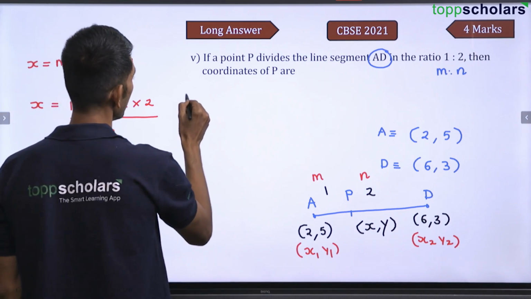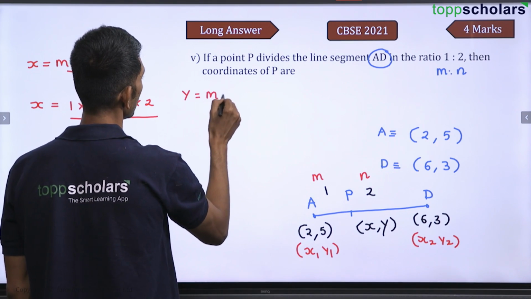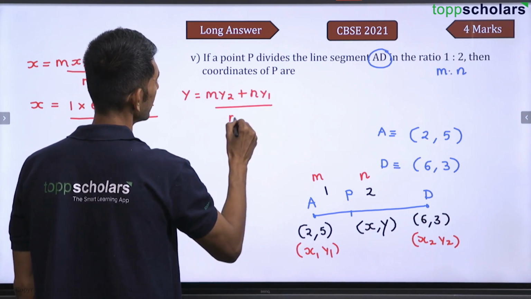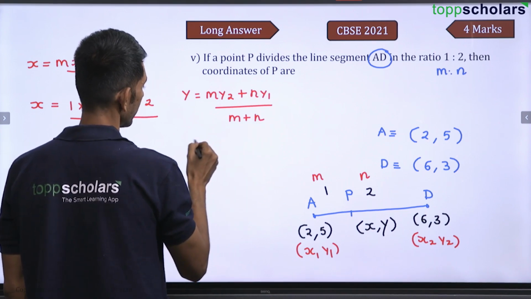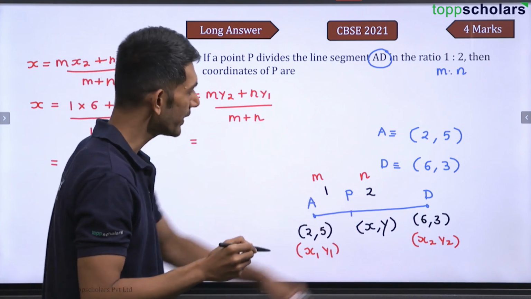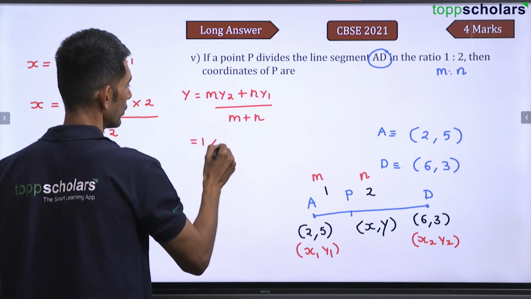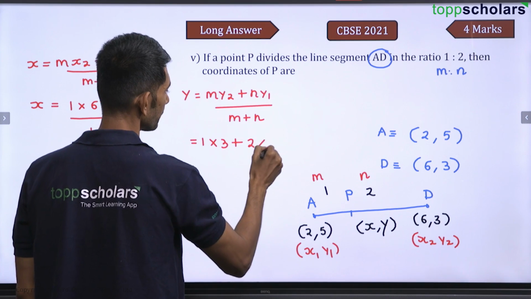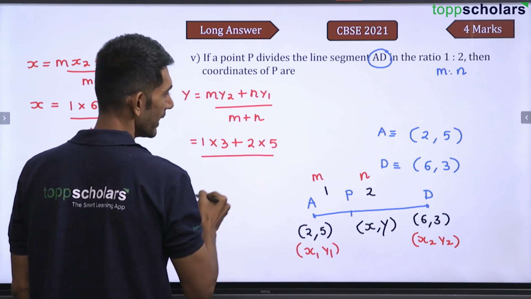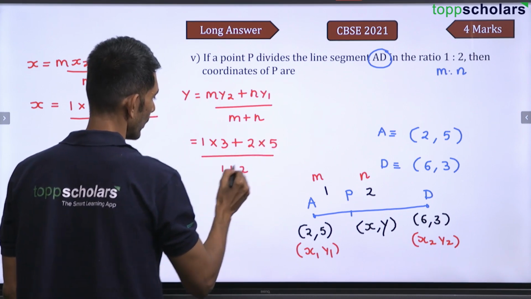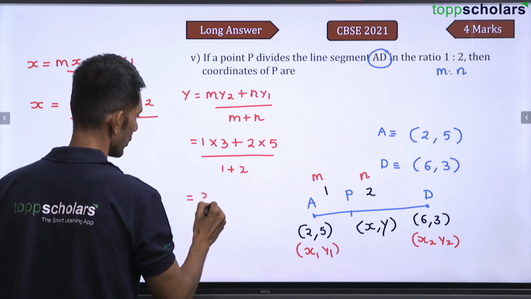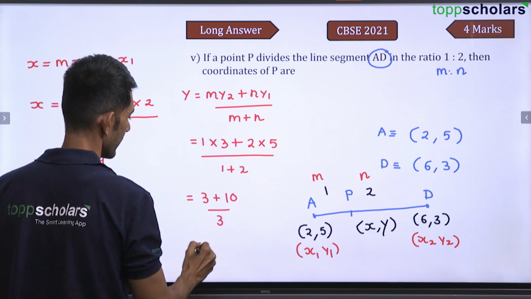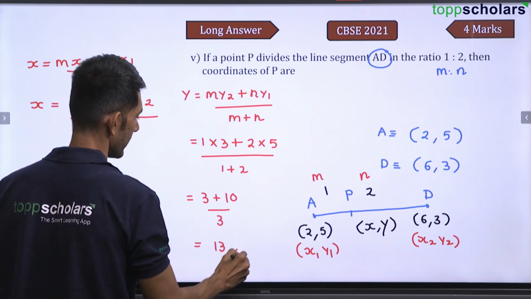Similarly, can we find out y? Yes, we can do that. y is equal to my2 plus ny1 by m plus n, right? So m into y2, that is 1 into 3 plus 2 into 5 by 1 plus 2, that is equal to 3 plus 10 by 3, that is 13 by 3.